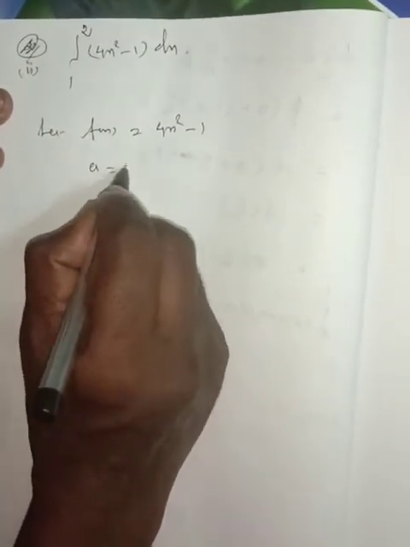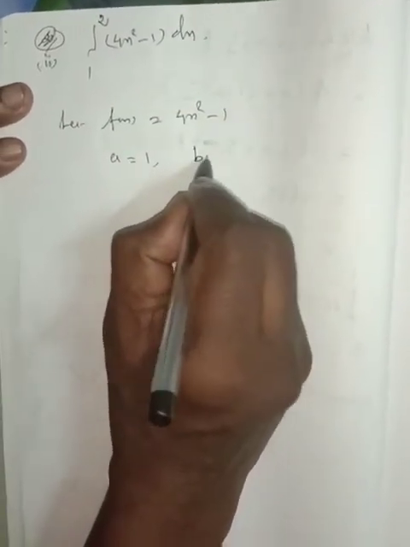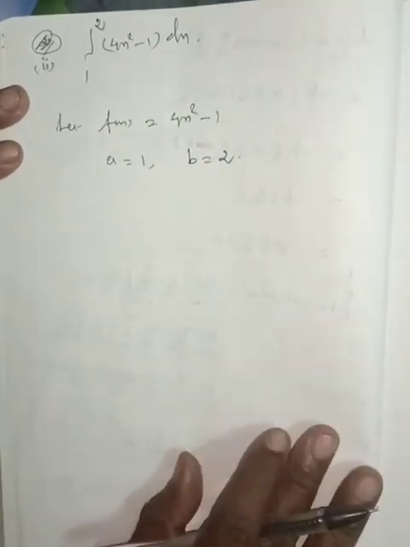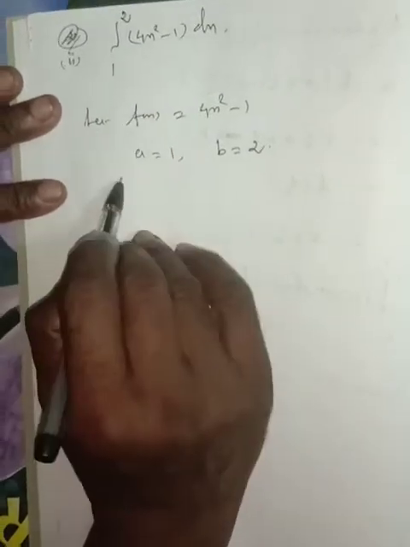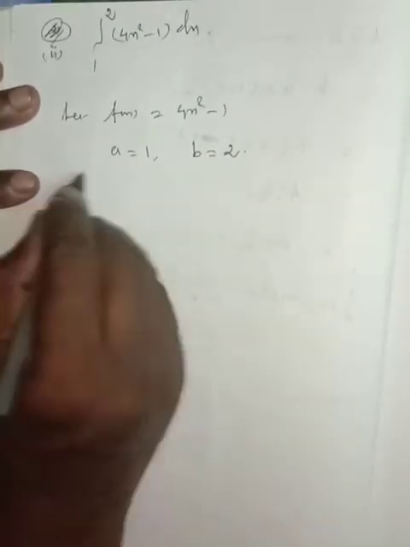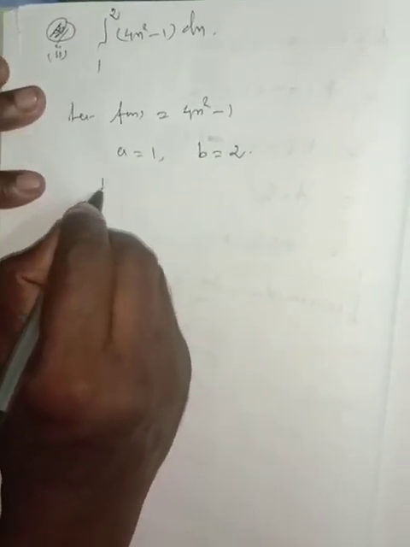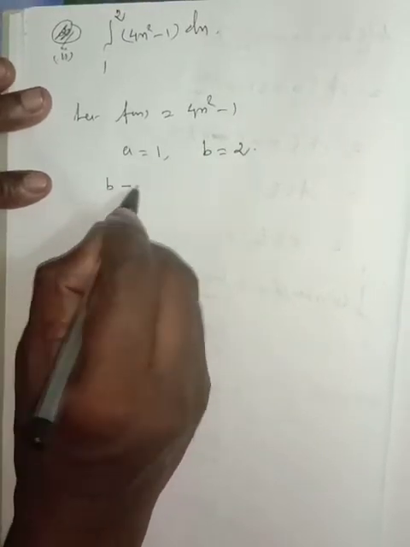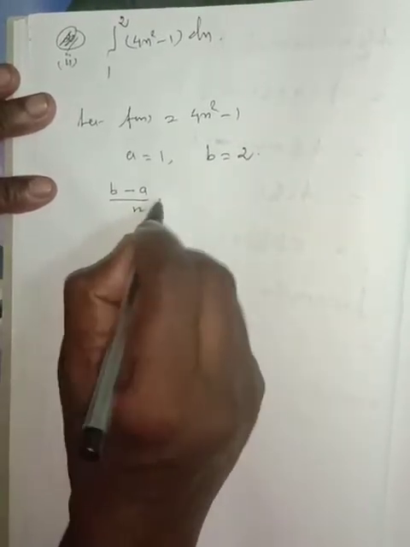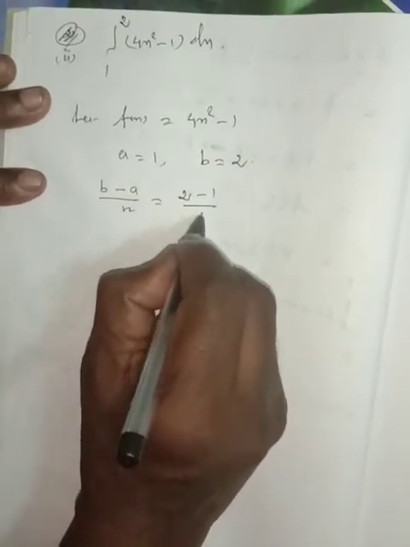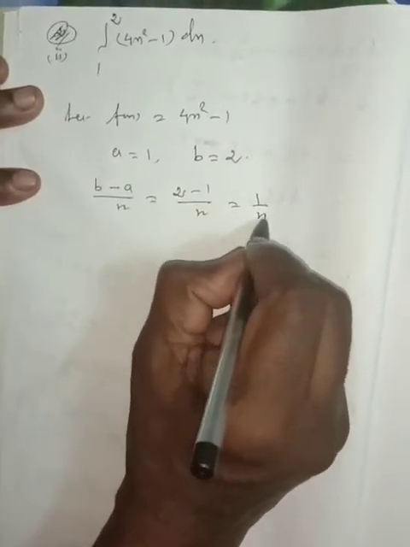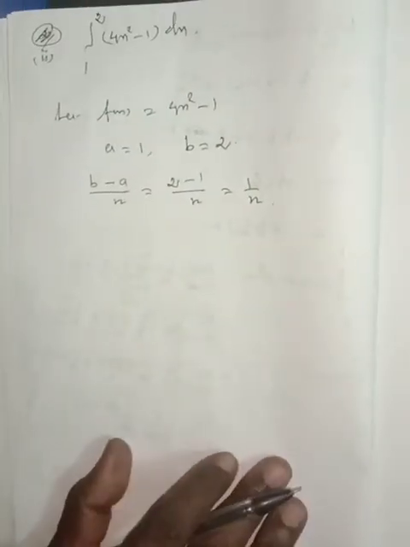Lower limit is 1, upper limit is 2. Next, (b minus a) divided by n is equal to (2 minus 1) divided by n, which in this case is 1 by n.